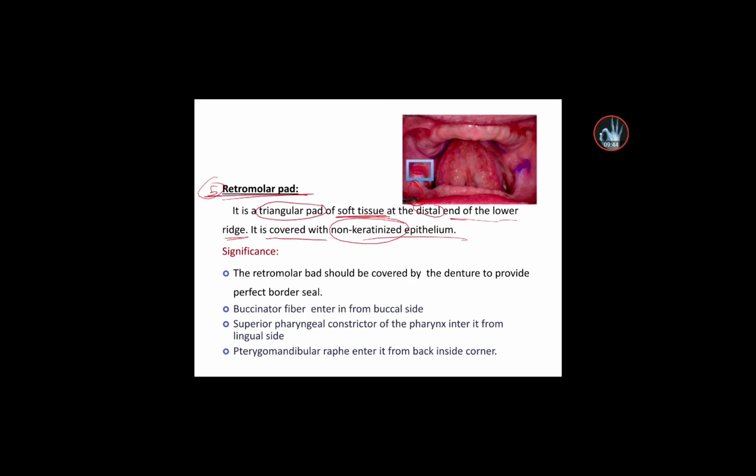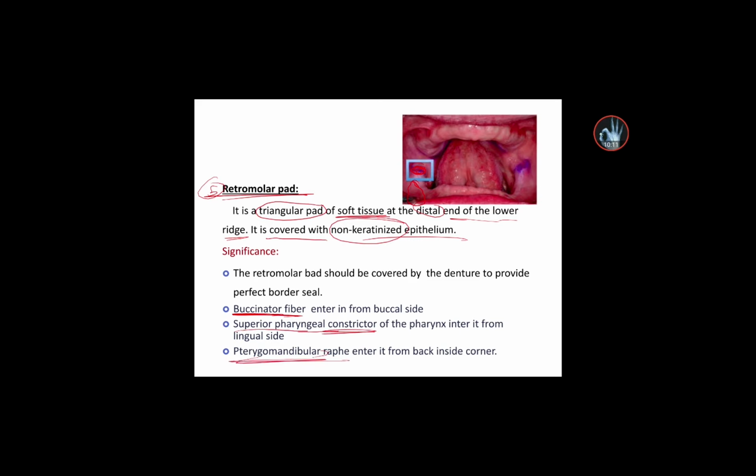The retromolar pad is an area where a lot of muscles are attached or cross each other. فعندنا عضلات تتقاطع فيما بينها at the retromolar pad. These muscles are buccinator fibers, the superior pharyngeal constrictor, and the pterygomandibular raphe.